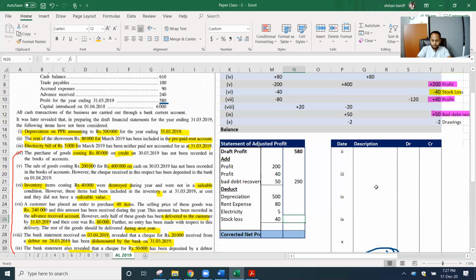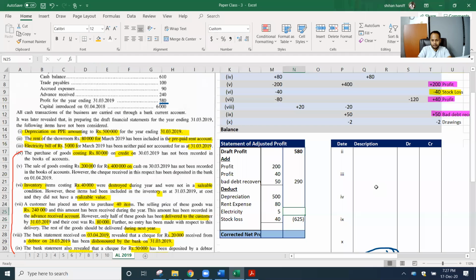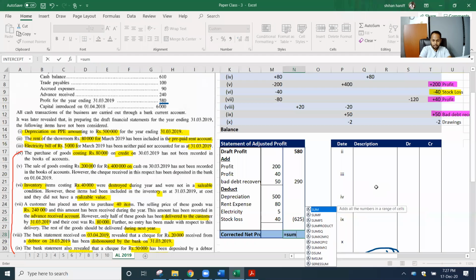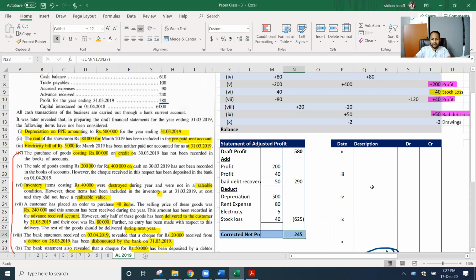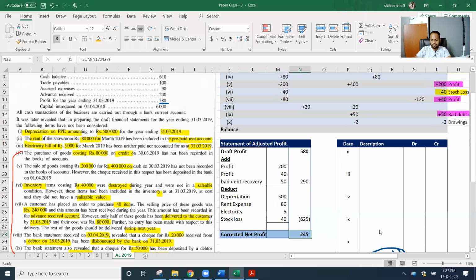We don't take drawings. So total 625. Therefore, corrected net profit is 245.